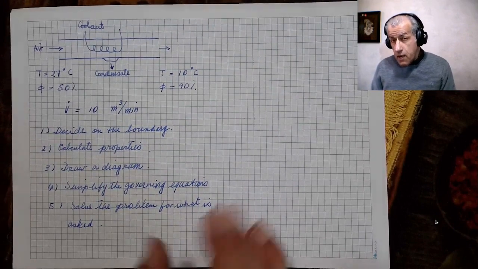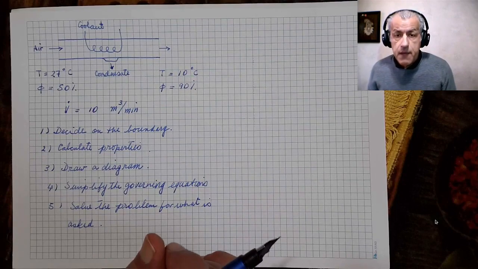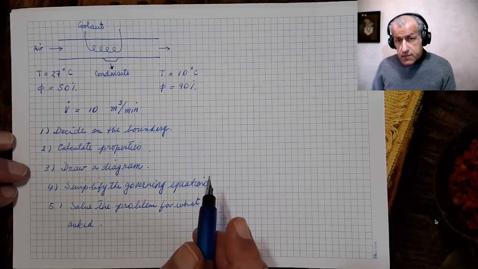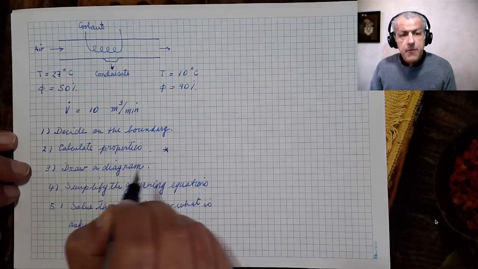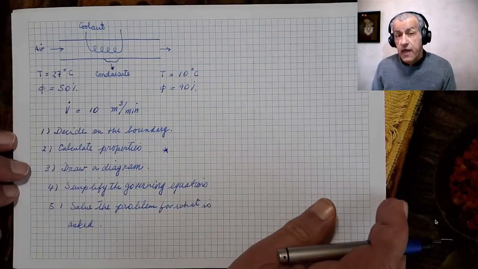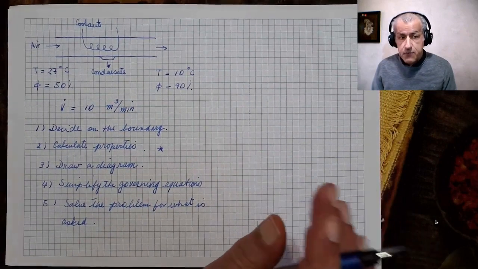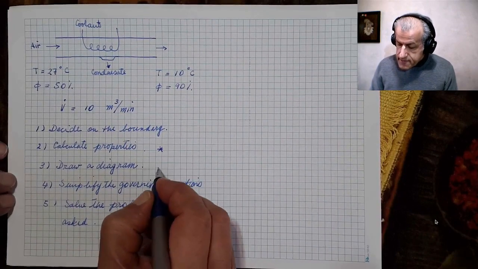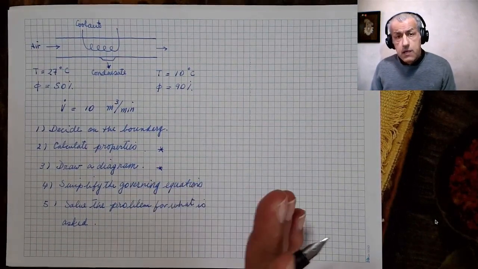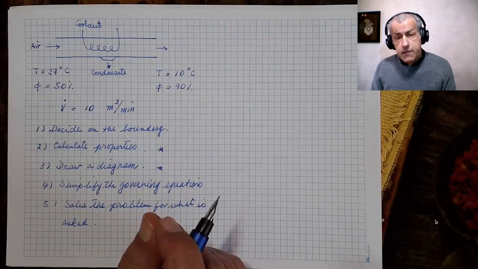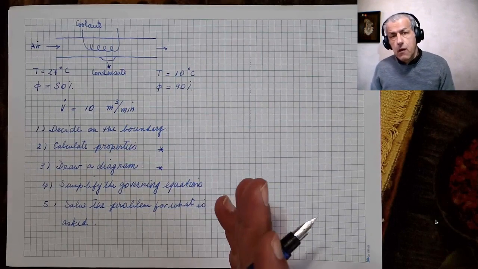But for air conditioning problems, as we are concerned with them now, 2 things are important. First, how to calculate properties of a mixture of air and water vapor. That's the first important thing. Second, which one is the correct diagram? Which diagram would better represent our problem?